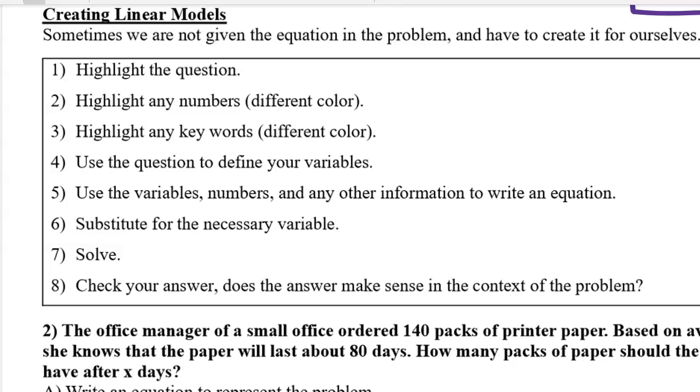Yes, earlier we were underlining numbers and then variables. If you don't have a different color, then go ahead and use wavy line, double line, single line. Roman, number 3, please. Highlight any keywords. Perfect. Number 4, please, Shay. Good. Andrew, number 5.